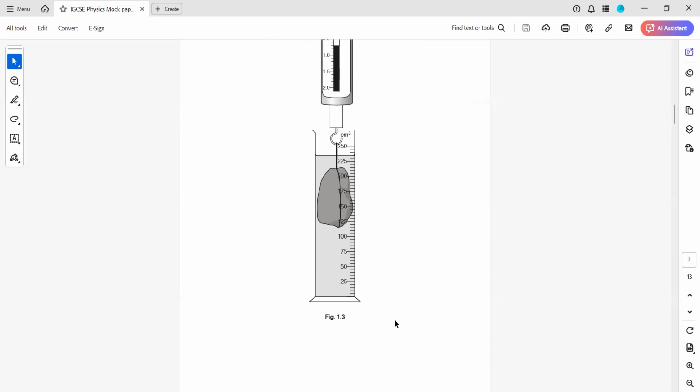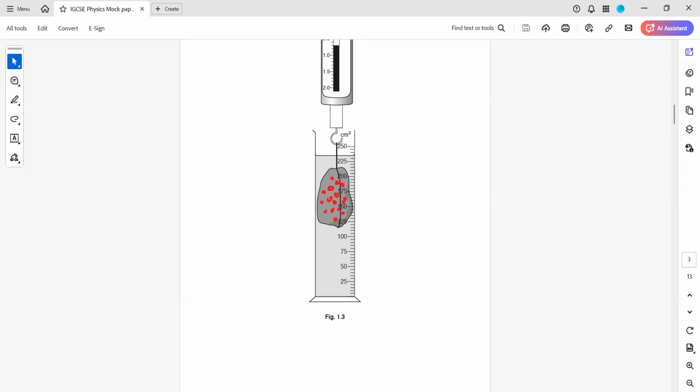That's the first method. So what might be a possible inaccuracy? This modeling clay may have air holes, like it's not a solid piece, maybe air holes are there. So when we put this inside the water in a measuring cylinder, that air will escape and water will take up the volume. That will cause an inaccuracy in the measurement.